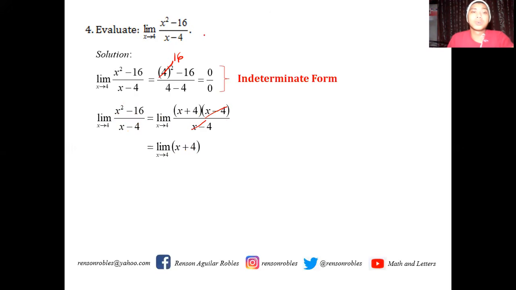Okay? So once again, considering x squared minus 16 over x minus 4, we know that the domain of this function is the set of real numbers except 4. Sorry, that's except 4. Okay? Because when x is equal to 4, the denominator will become 0.